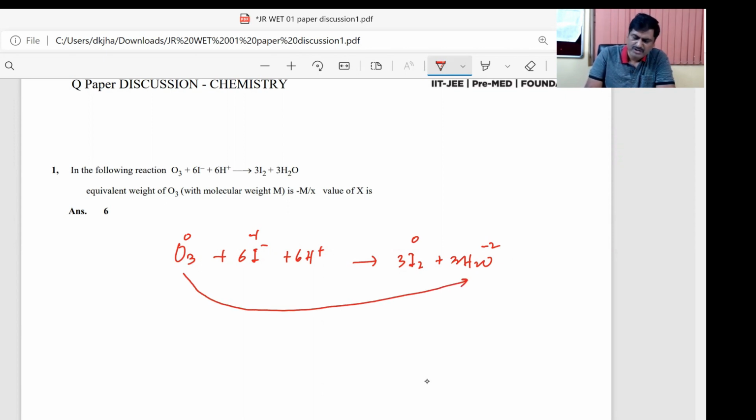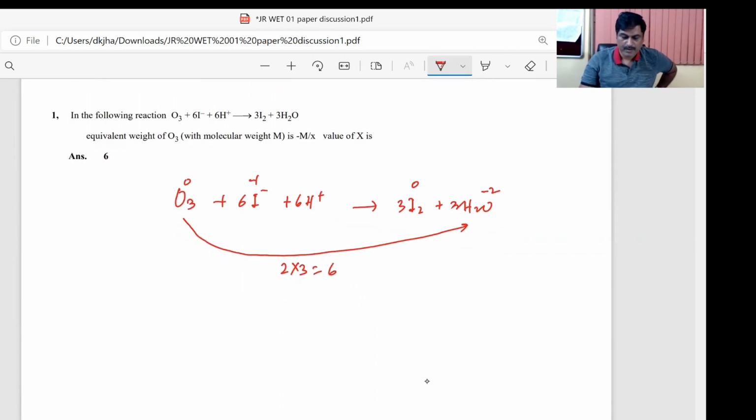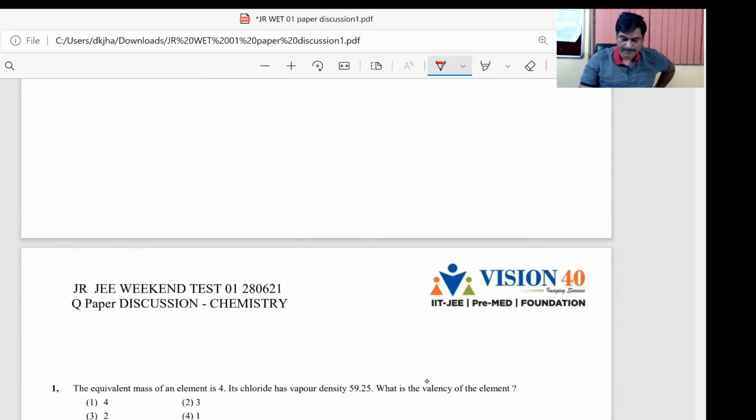Per atom change is 2. How many atoms are there in O3? 3. 2 into 3 is equal to 6. So change of oxidation state per mole of O3 is 6. So equivalent weight is equal to M by 6. Okay, good.